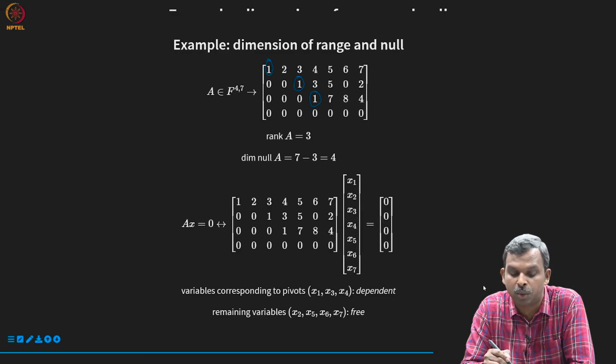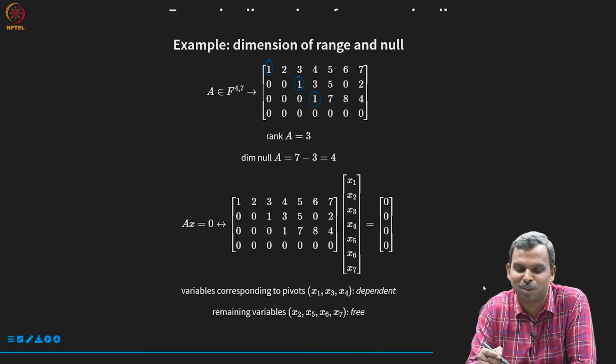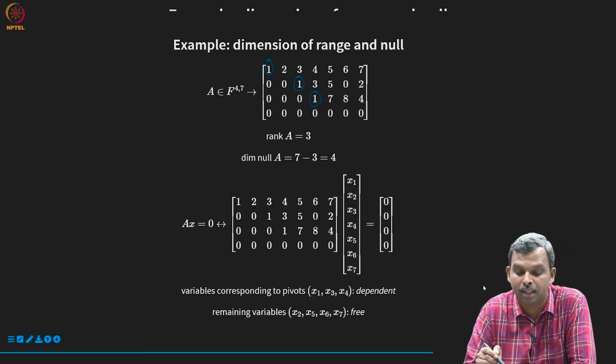So you found 3 non-zero pivots, so the column space is rank 3. Those are the 3 independent vectors in the columns, and from there you can infer the dimension of the null space. That would end up being 4.